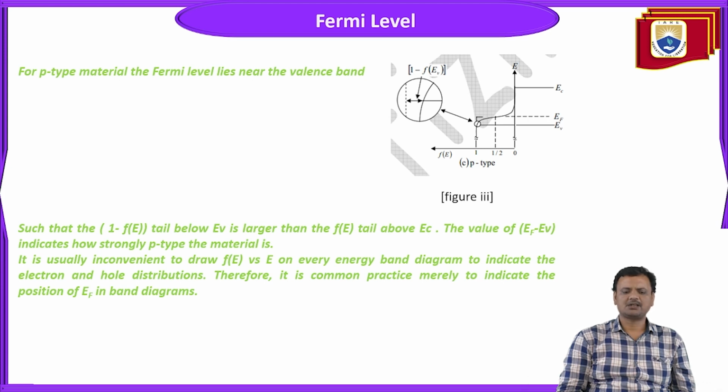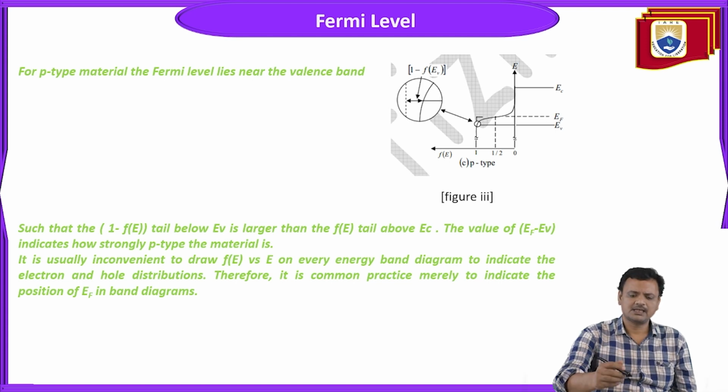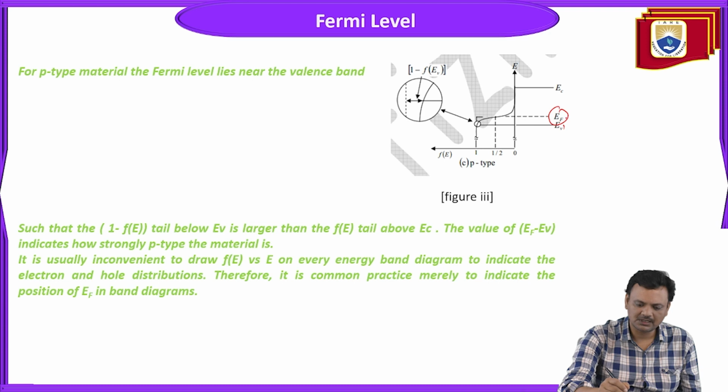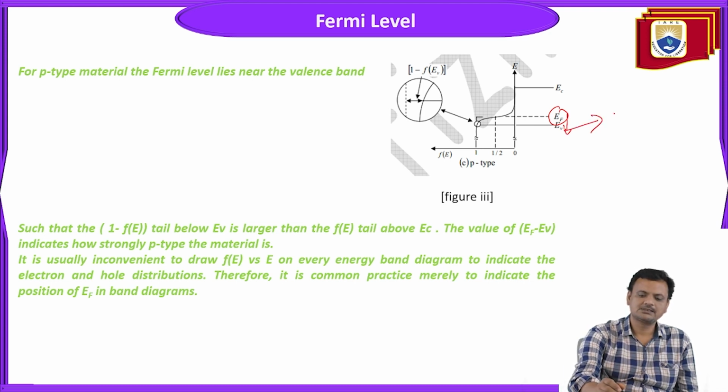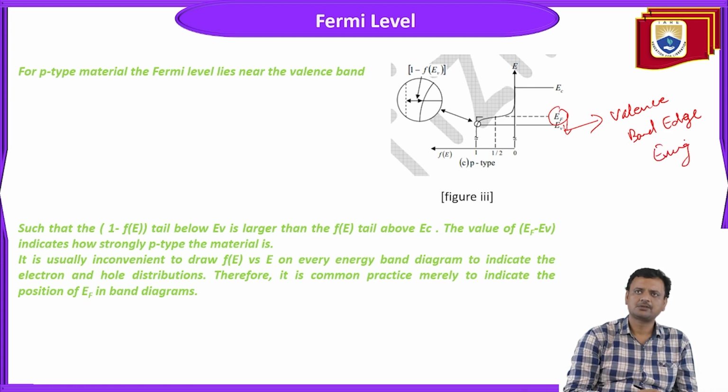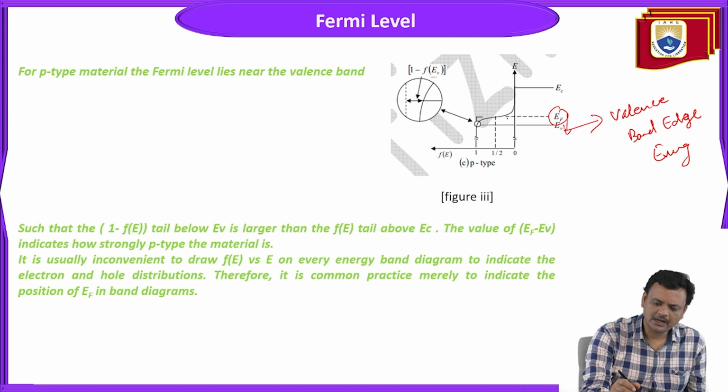Now the same thing happens in a p-type semiconductor. Once you dope an intrinsic semiconductor with a third group element, you get a p-type semiconductor. And what happens in this case? Your Fermi level gets shifted towards the valence band, near to EV, the valence band edge energy.